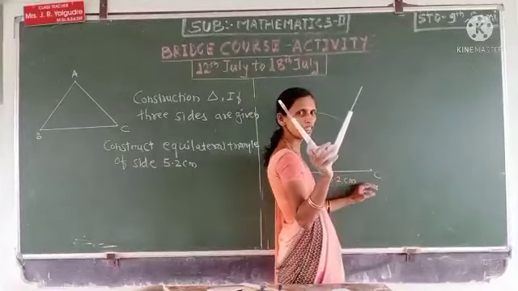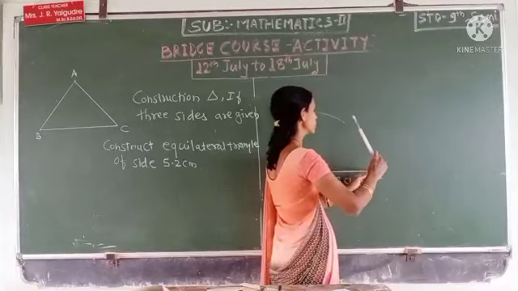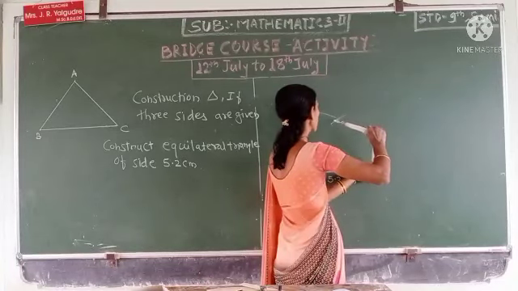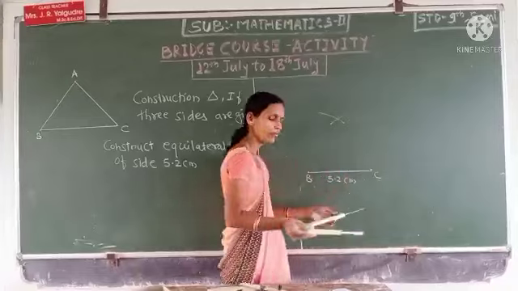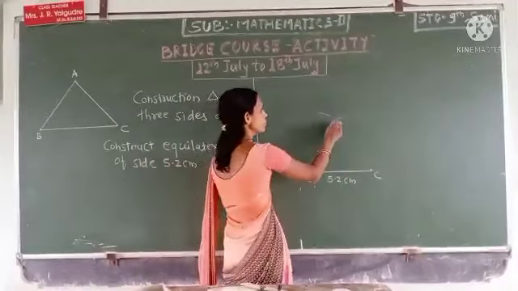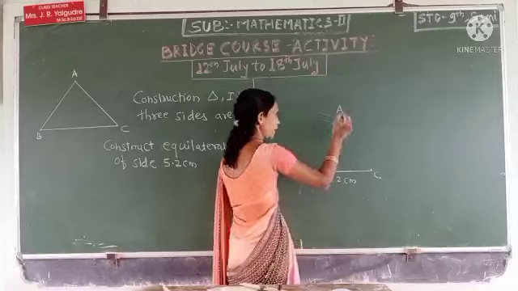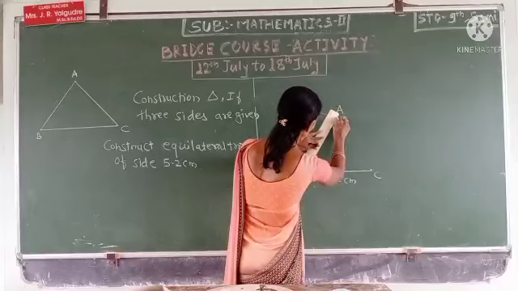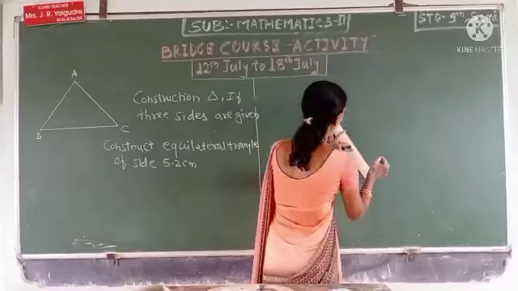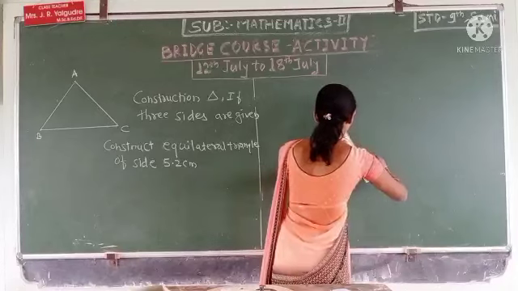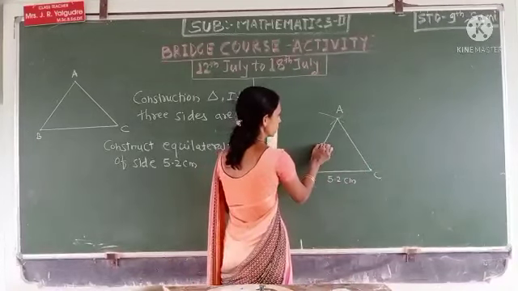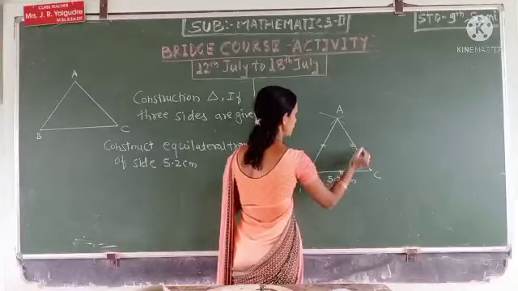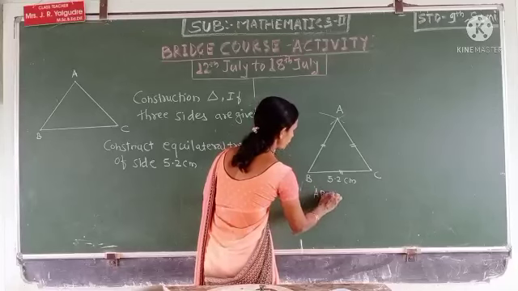Then without changing this distance, we put the needle on point C and make one more mark which intersects the previous mark. The point of intersection obtained here is A, and we join the line segments AB and AC. See here, AB, BC and AC are of 5.2.